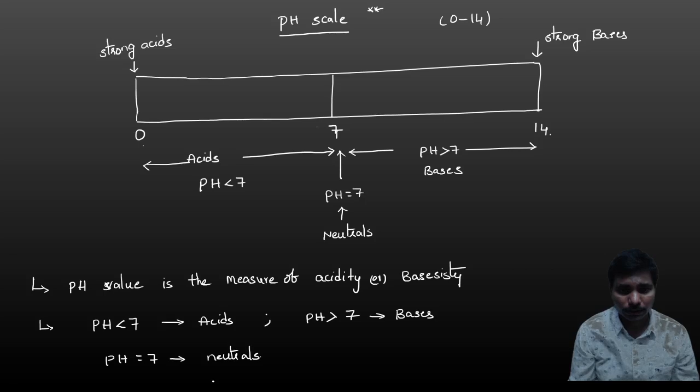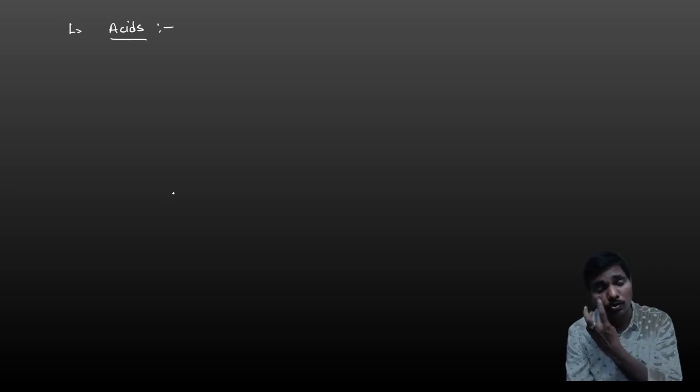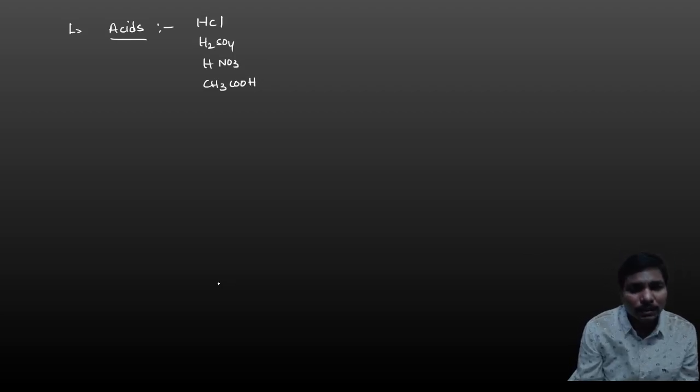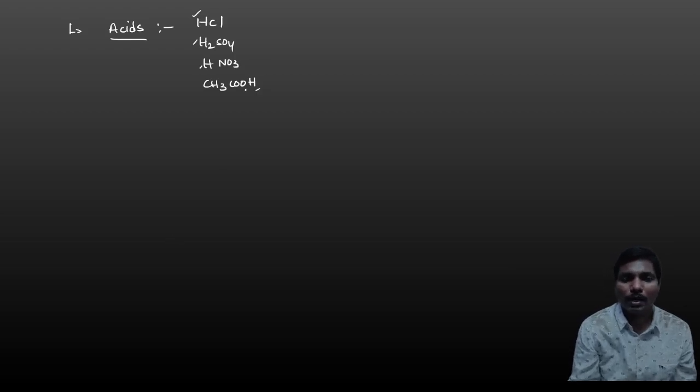Here, let us take a very important point belonging to acids. In the acids, what is the common element we have? Let us take any acids: HCl, H2SO4, HNO3, CH3COOH. Let me know any one common element. Generally all are non-metals, and the common element here is hydrogen, here hydrogen, here hydrogen, here hydrogen. So hydrogen is the most common element, correct?